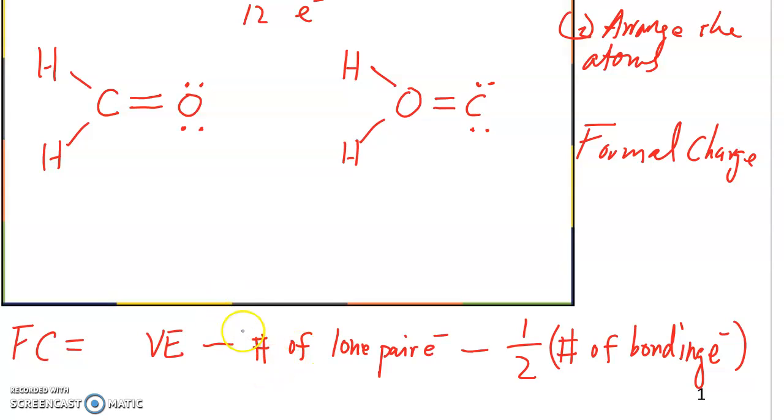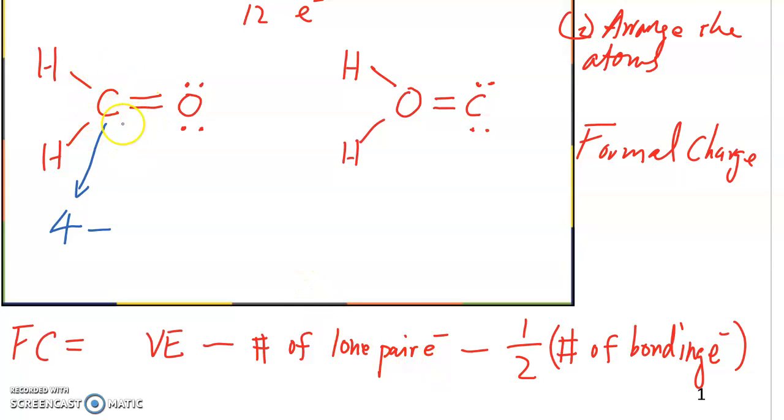Let's look at this carbon over here. The valence electron for the free atom is 4, minus the number of lone pair electrons.